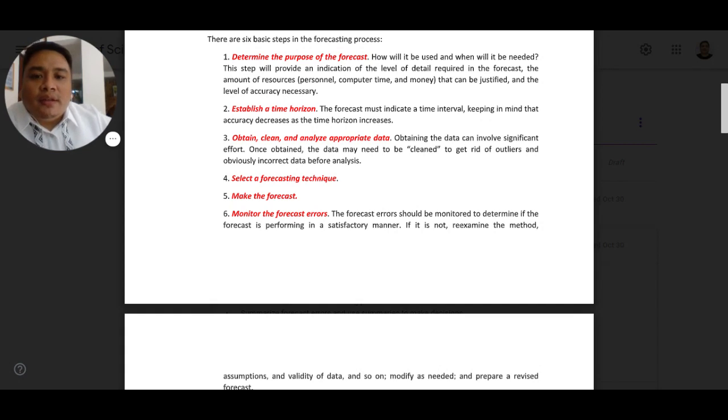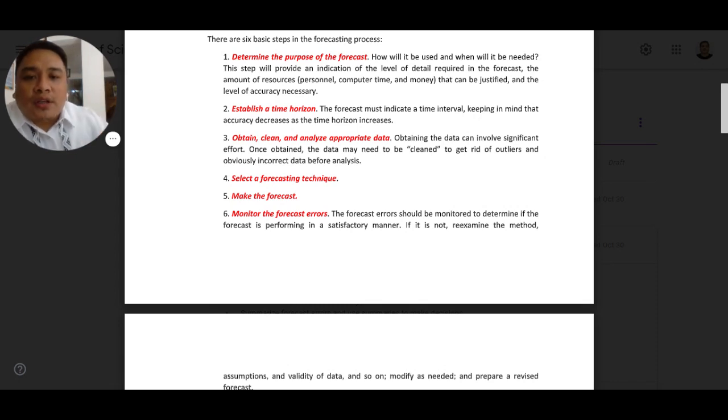Once obtained, the data may need to be cleaned to get rid of outliers and obviously incorrect data before analysis. You determine the correctness. We should be able to see if it applies to the business organization, and if it really affects the operations of the business.